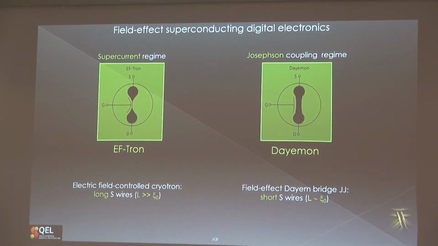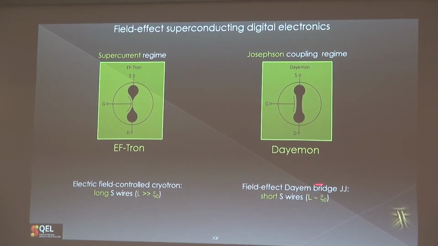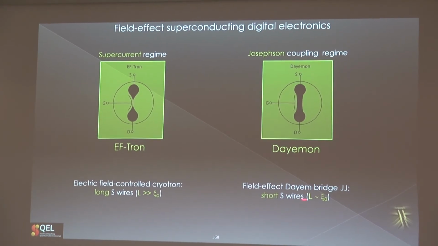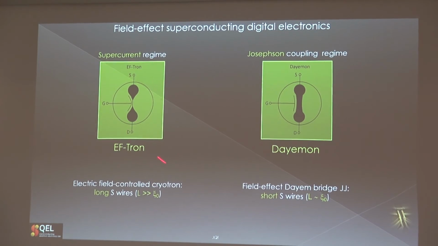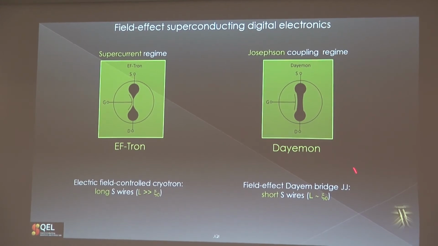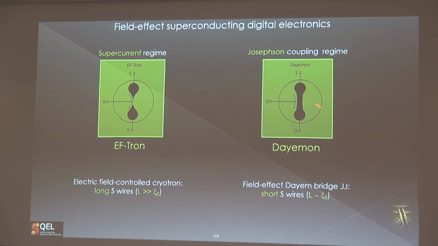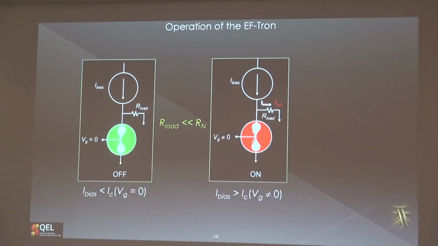For short wires, in the Josephson coupling regime, one can make a field effect controllable Dayem bridge Josephson junction, when the length is comparable to the coherence length. With the first structure, one could implement more conventional digital, classical electronics, whereas with the second one could implement resonators or whatever to realize a new kind of fully quantum circuits.